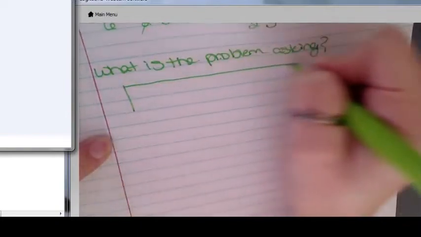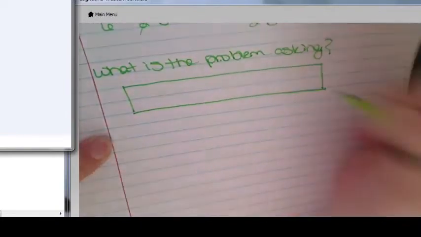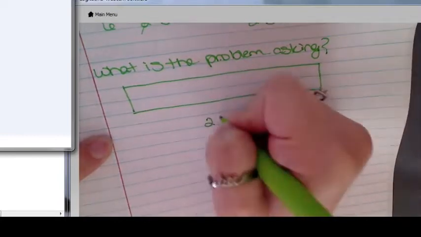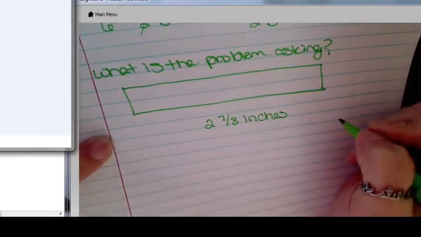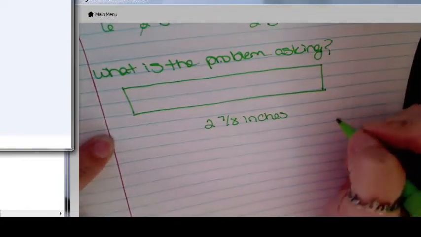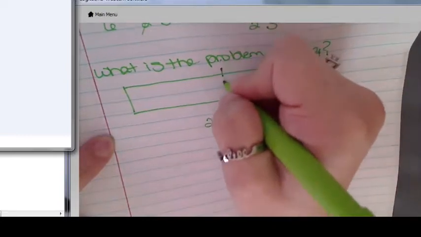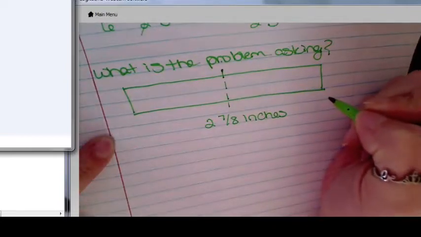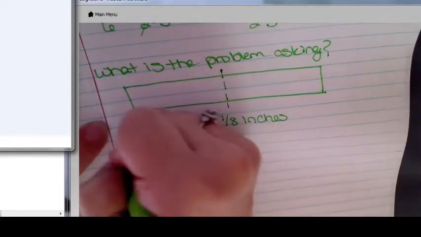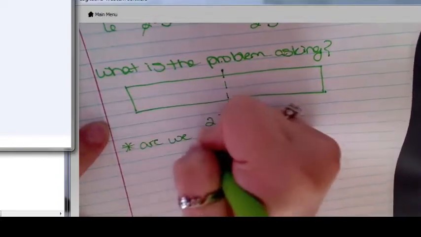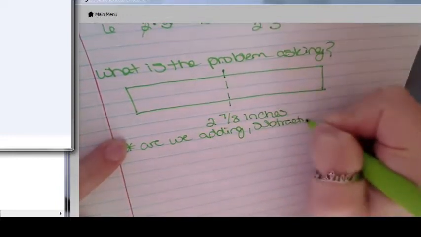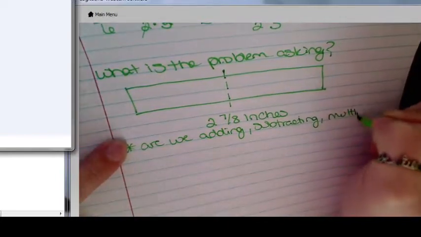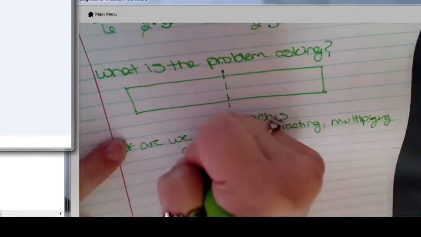What it says is we have one piece of wood, and that whole piece of wood measures 2 7/8 inches long. That whole thing measures that. And we need to cut it into 2 pieces. So we need to cut it in half. So here's the question. Are we adding, subtracting, multiplying, or dividing?